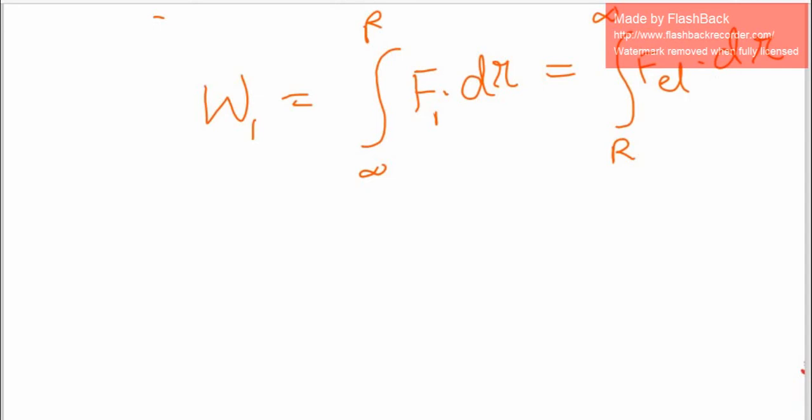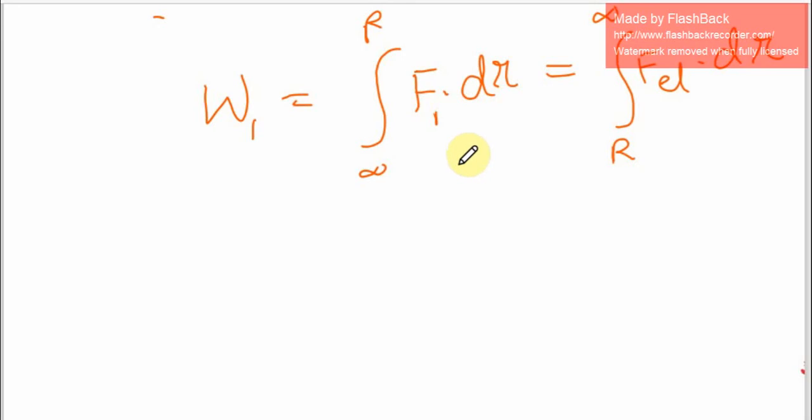So let's calculate this integral because this is a little easy. We know what the electric force is, thanks to Coulomb's law. Both charges are repelling because they are positive charges.